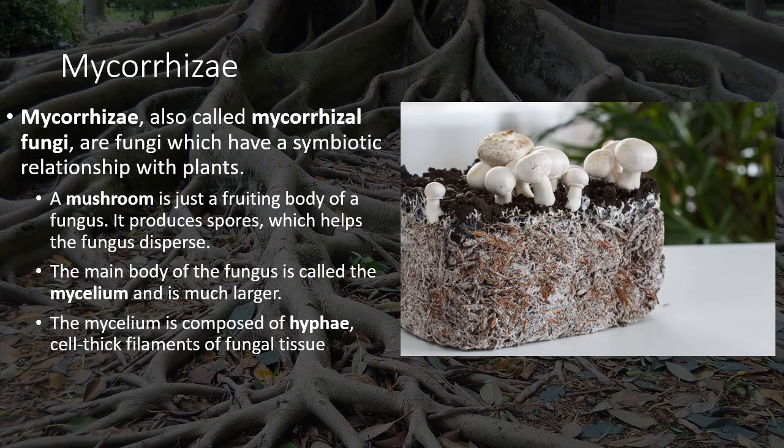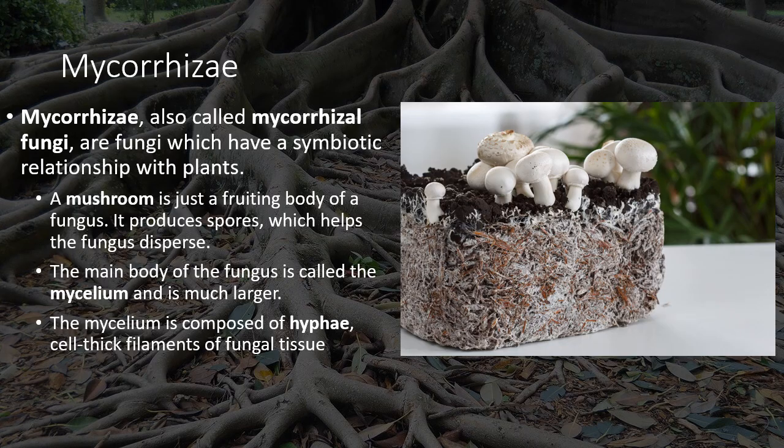So mycorrhizae are also called mycorrhizal fungi, and these are fungi which have a symbiotic relationship with plants. I'll talk about what makes their relationship symbiotic in just a minute. When you go to the store and you buy some mushrooms, the mushroom is just the fruiting body of the fungus. It is not the main body of the fungus. It's just for reproduction.